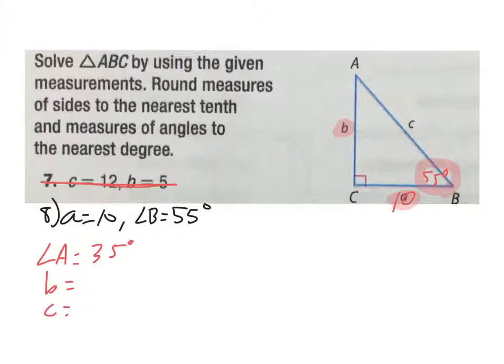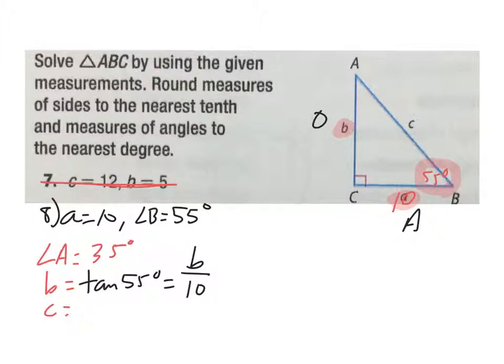Opposite. Okay, so this is the opposite side. What is this side 10 in relationship to 55? Adjacent. Which function are we talking about then? So I write my equation. The tangent of 55 degrees equals B, the opposite, over 10.